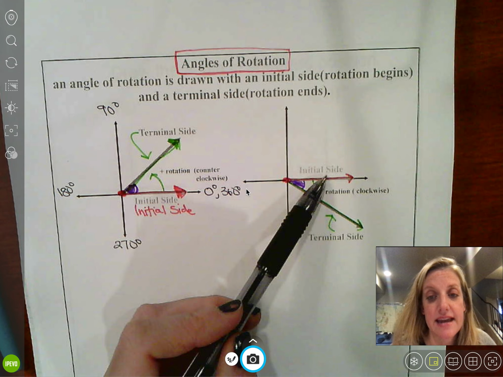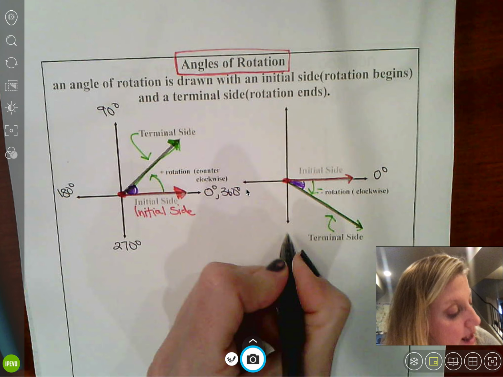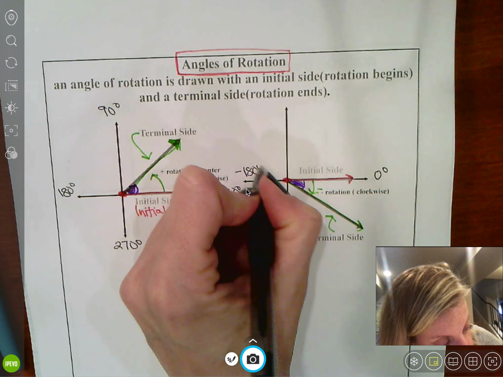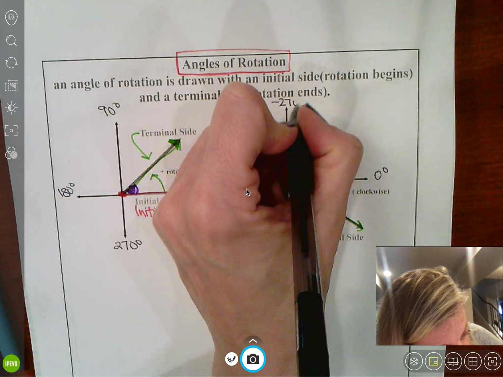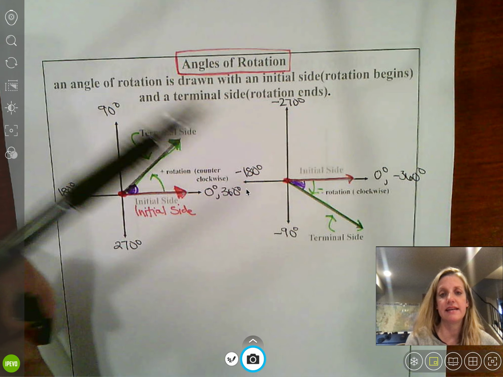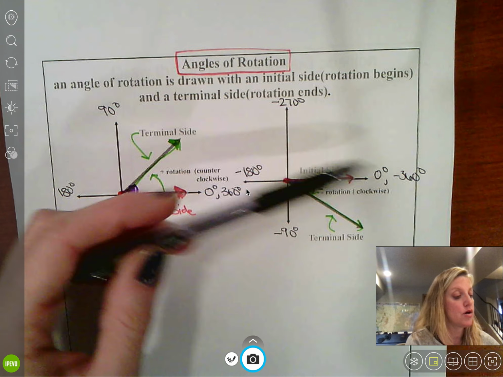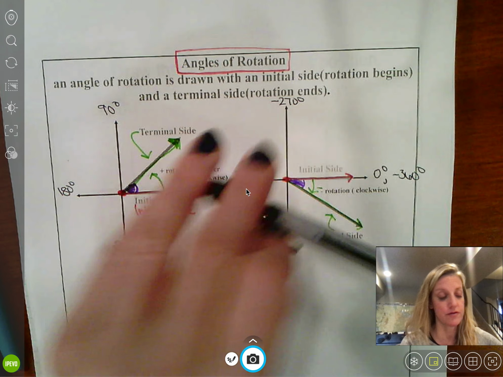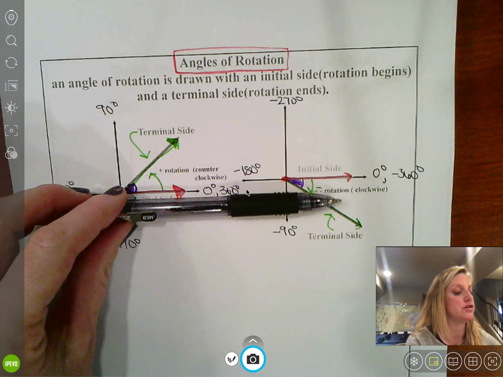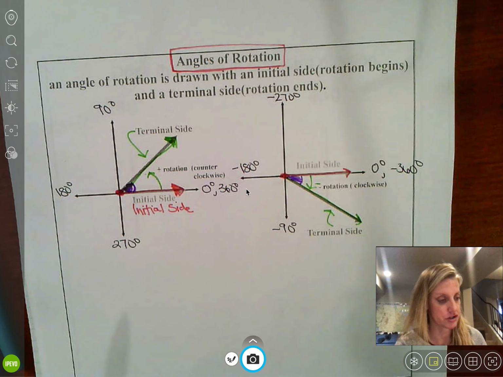Now, if we're going at a negative rotation, we still have 0 degrees right here, but if we're going down this way, this could also be considered negative 90 degrees, negative 180, negative 270, and negative 360. So I think that negative is a nice clue, because if you see a negative angle of rotation, it lets you know that from that initial side, we're going down first in the clockwise direction. Whereas when we have positive angles of rotation, you know we're going from that initial side up in the counterclockwise direction.